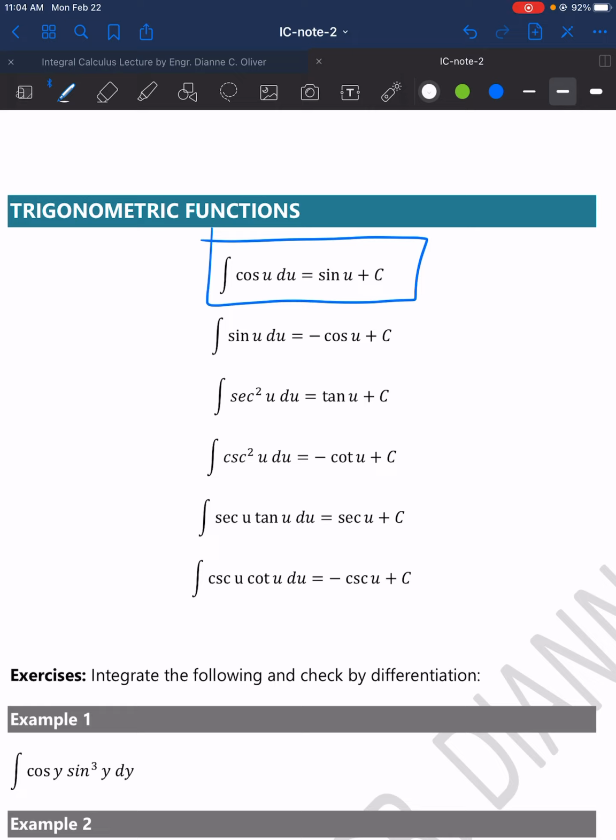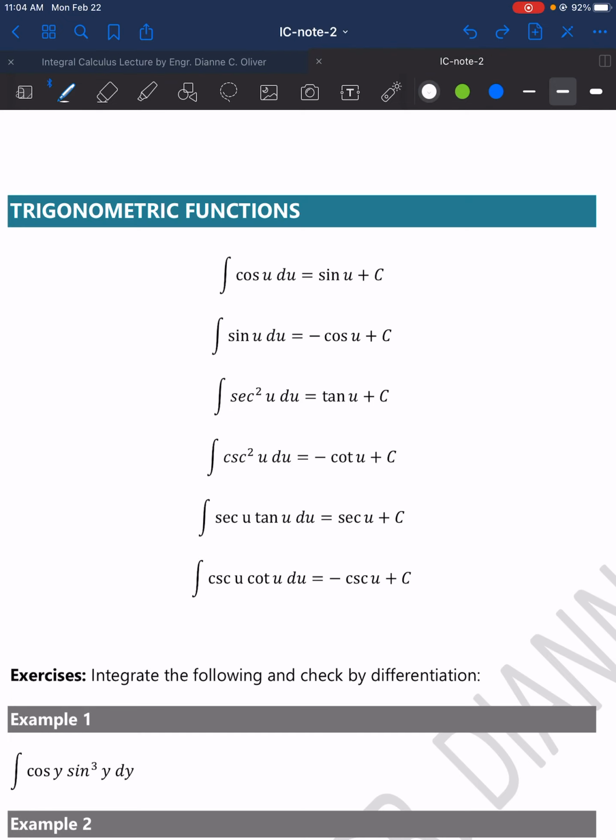So again we will be using the trigonometric functions here. Since we have tangent squared 6y as the given, let's find if there's a tangent squared here. There's none. Only secant squared u, cosecant squared u.